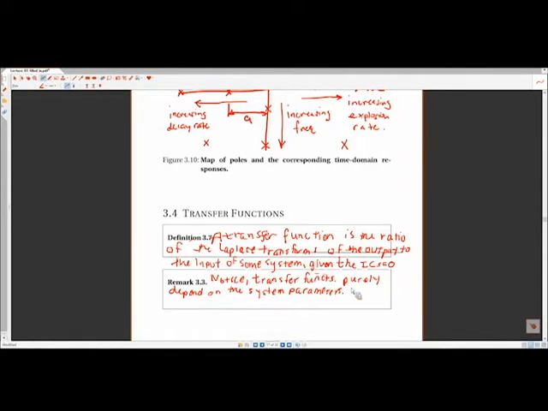They're not influenced by a non-homogeneous forcing function or, like we said, initial conditions. So let me write that out.